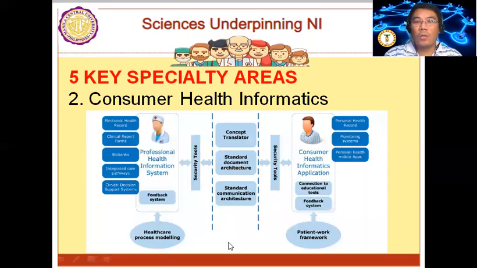It was discussed also all about the second, which is consumer health informatics. We have differentiated the professional health information system and the consumer health informatics application. As shown in the slide, the professional health information systems are more on the records pertaining to the client and the organization, which may involve the professional expertise of the medical team, the nursing services, and other departments as well.